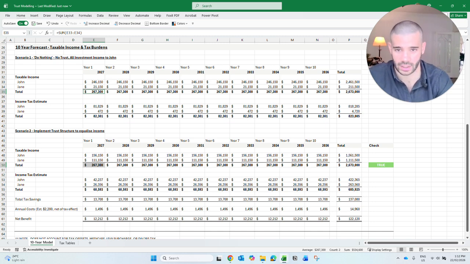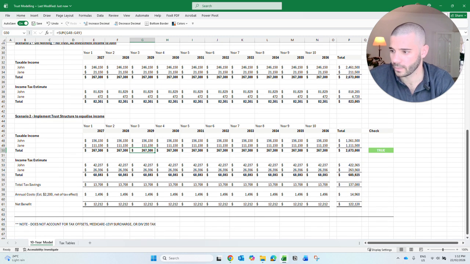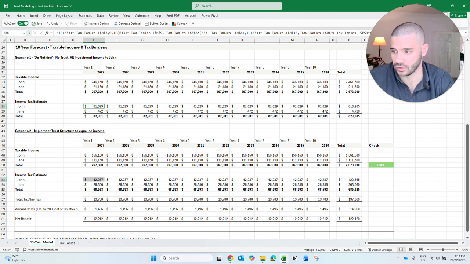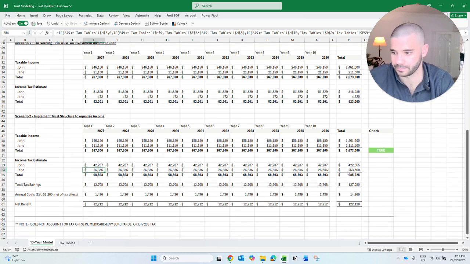And the trust isn't changing how much we make, it's just changing the portion that goes to Jane versus John. Okay, and you can see there the tax figure there. John is paying about half as much tax as he was in the first scenario, and Jane is paying more tax. She's paying 26 grand instead of virtually none.